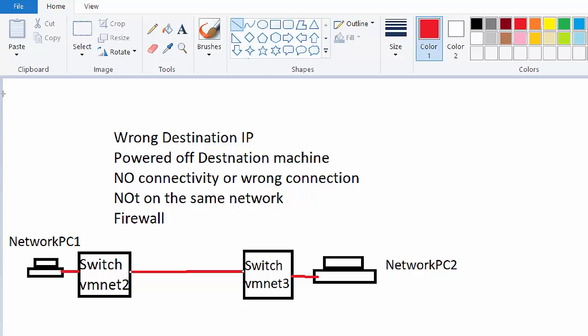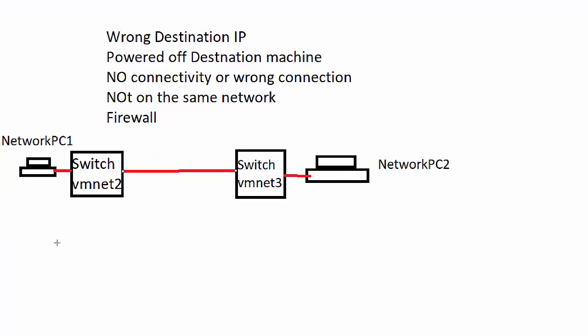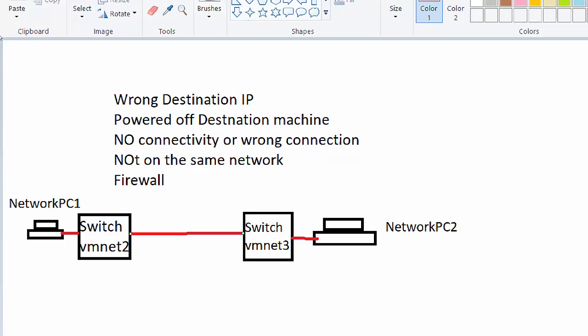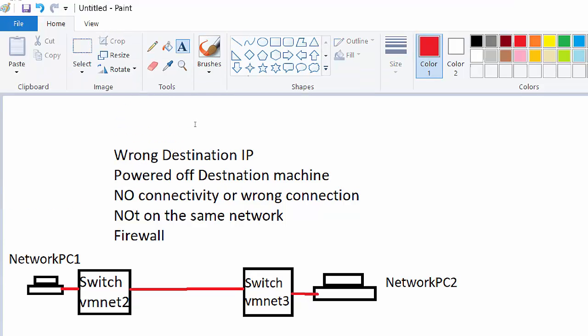He swapped them like that, so they were not communicating. The second thing he did: when he was on the internet and tried to ping or run ipconfig, the machine got an IP address from the physical network we have here at our college. So he got two different IPs.